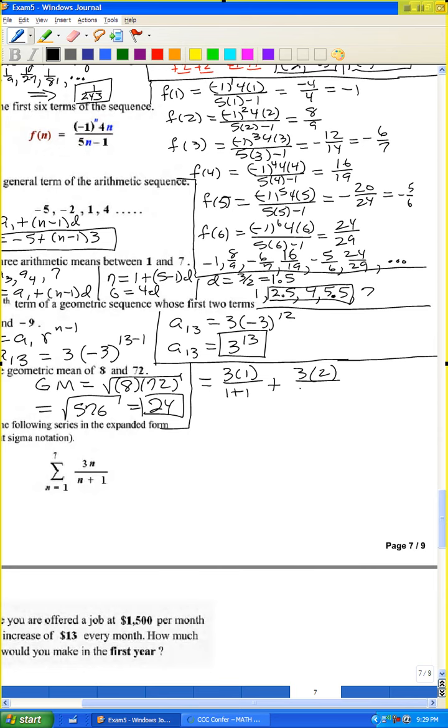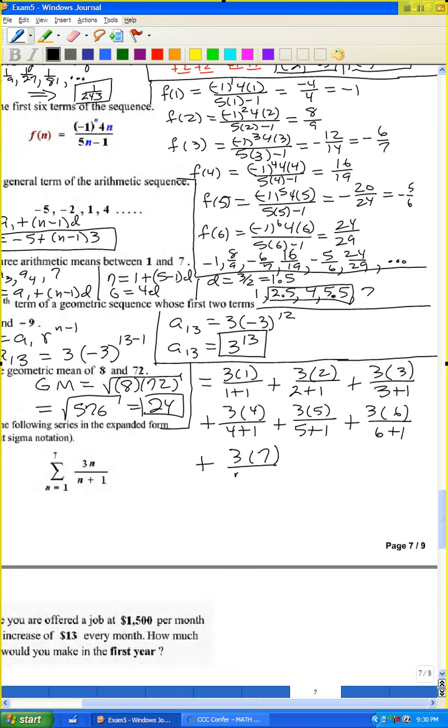So 3 times n over n plus 1, and so on. And that's your answer. That whole big sum here is your answer.